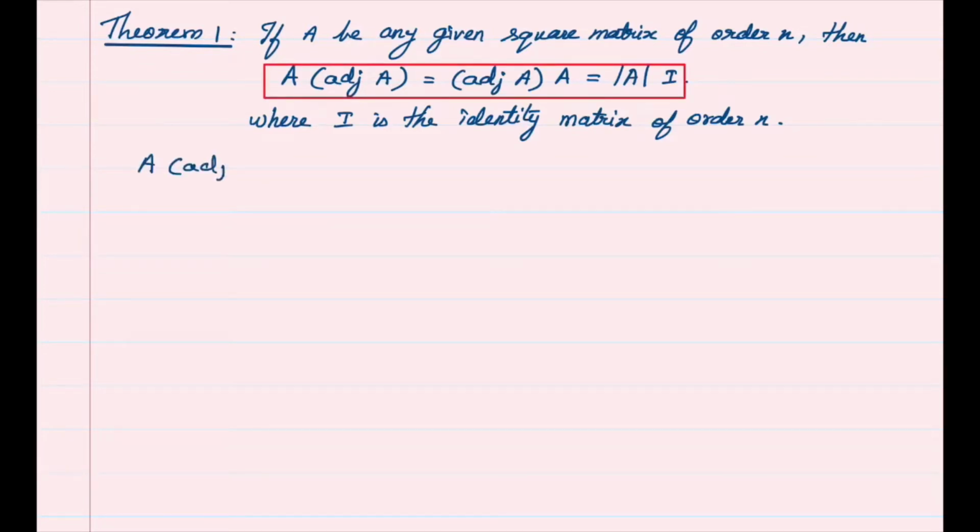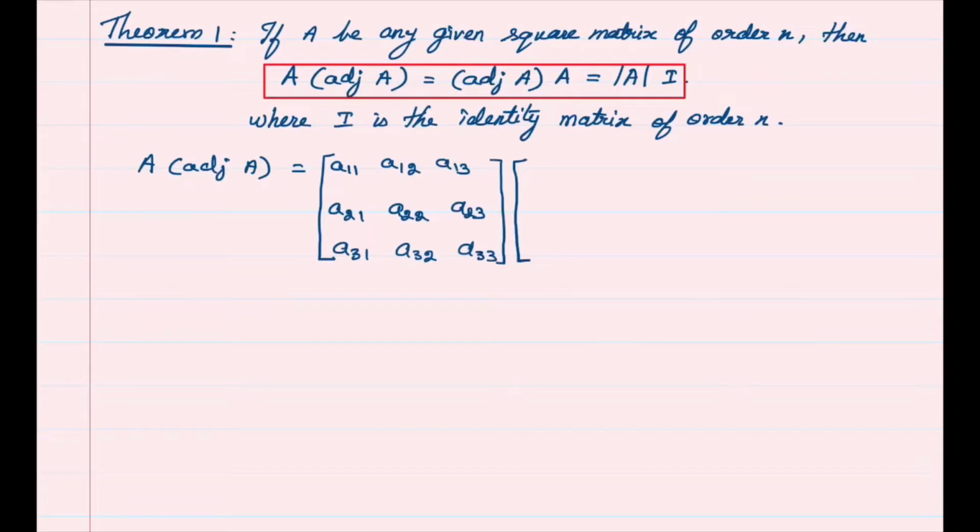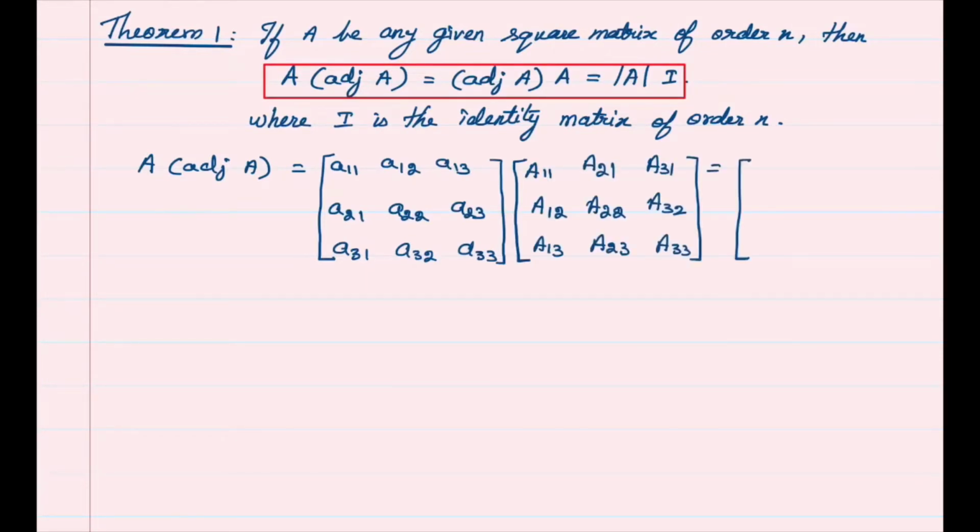A into adjoint of A. Let us take A as a 3 by 3 matrix, and adjoint of A is transpose of the cofactors. To multiply these two matrices, we multiply the first row with the first column.